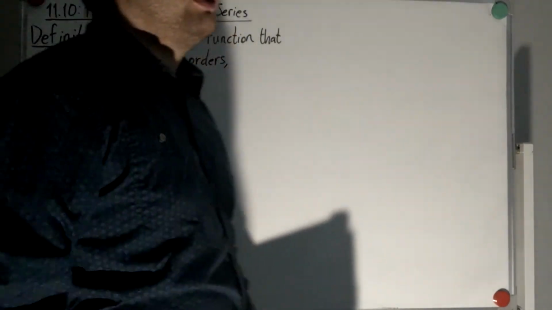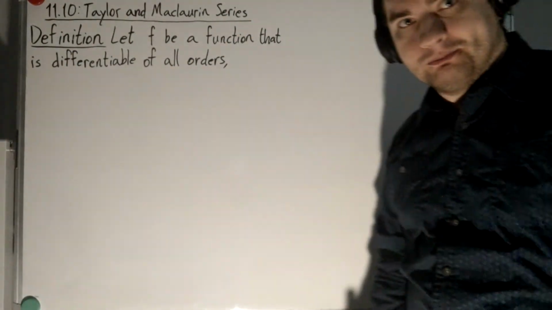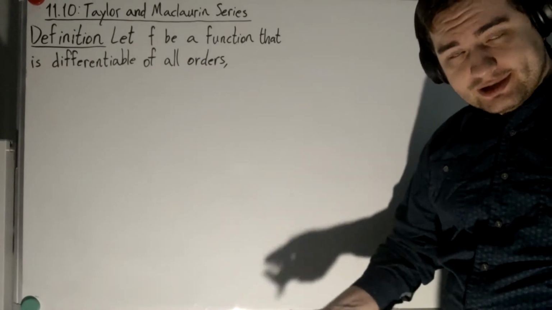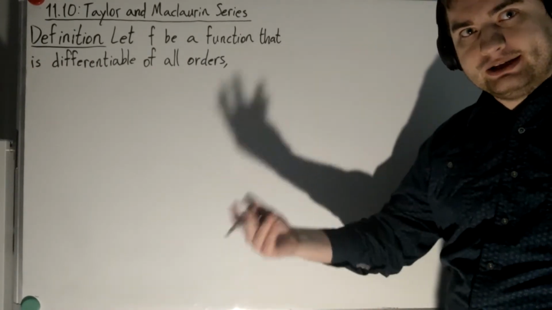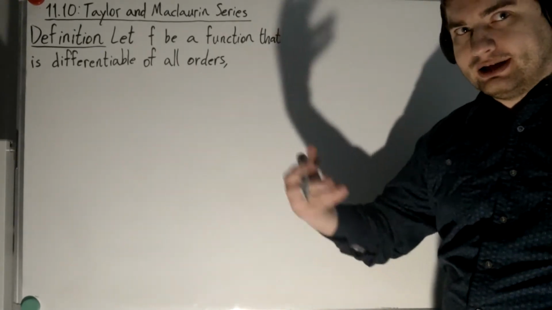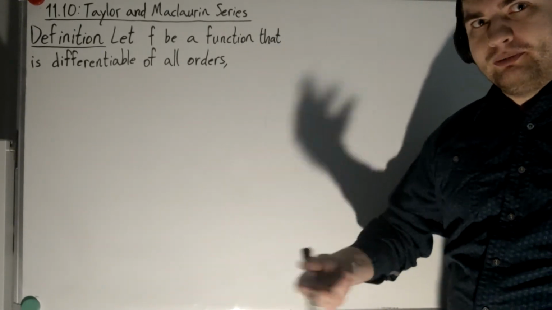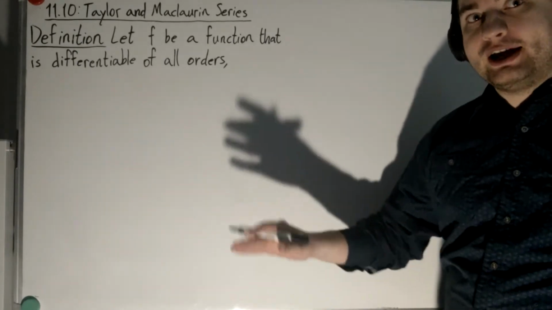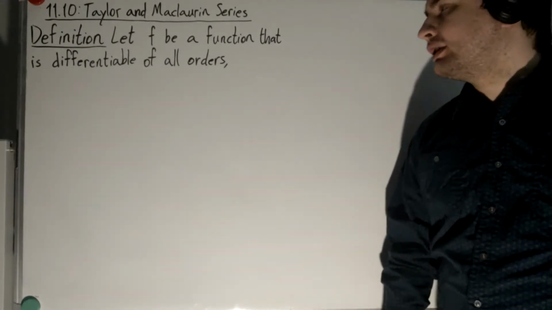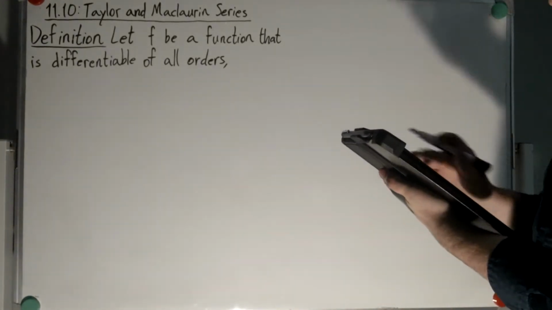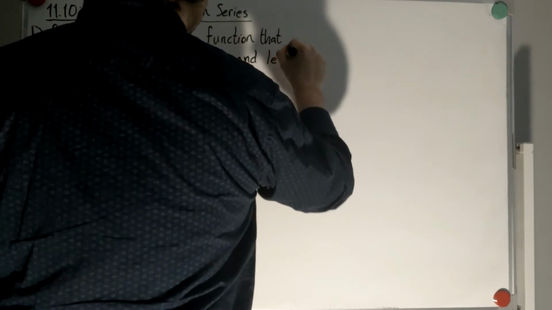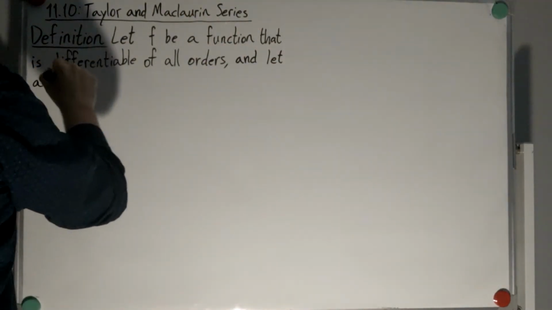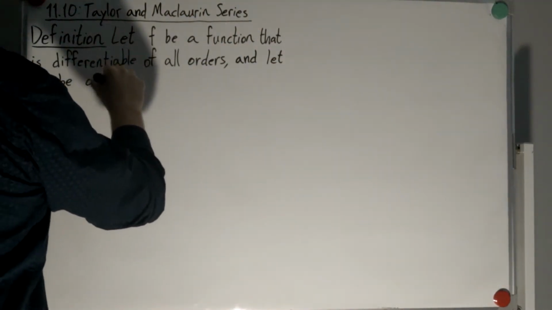When I say differentiable of all orders, what I mean is that its first derivative exists, its second derivative exists, its third derivative, its fourth derivative, fifth, sixth, seventh, 1,000th, 1,001st, 1 billionth, all of those derivatives exist, okay? So differentiable of all orders, and let a be a real number.